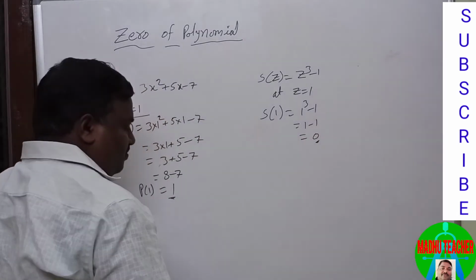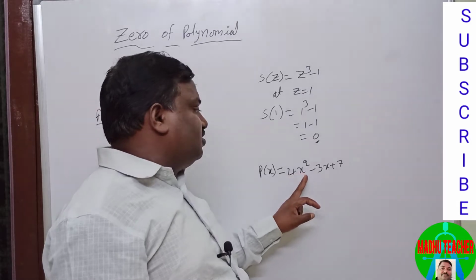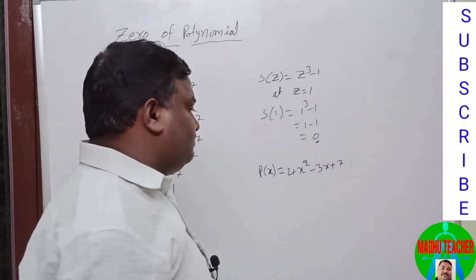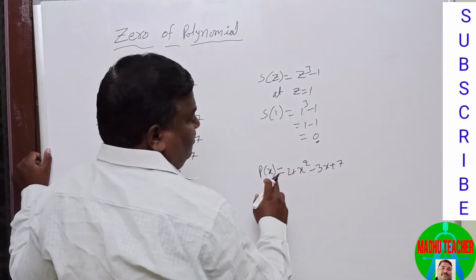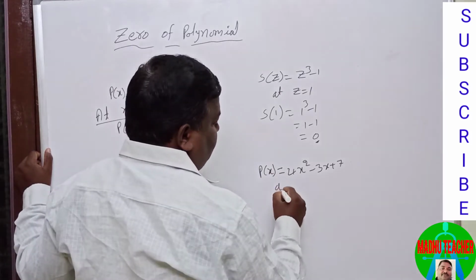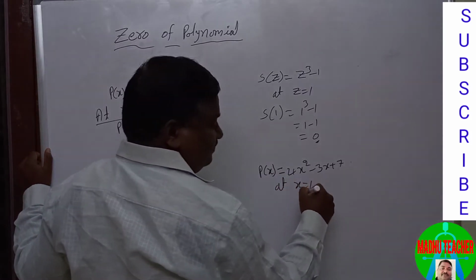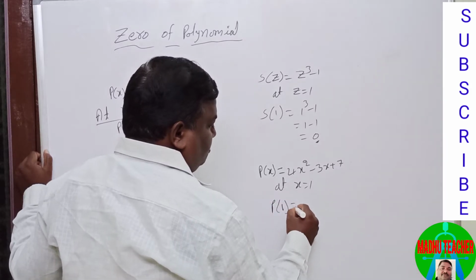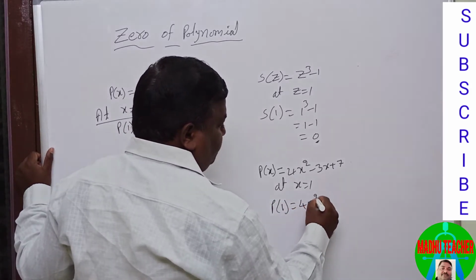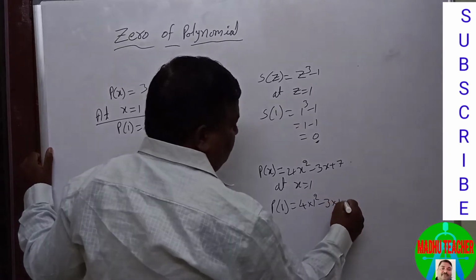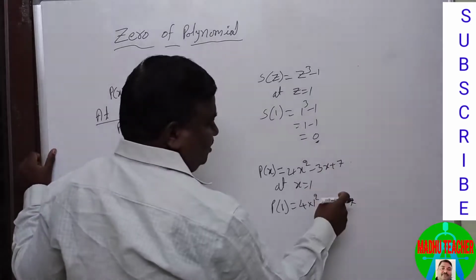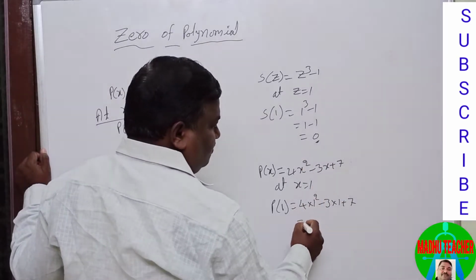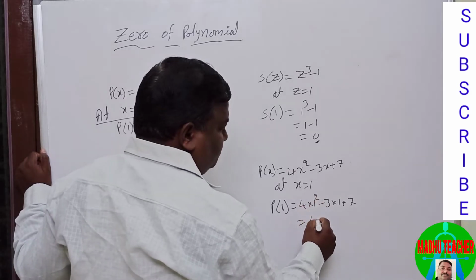And I have one more polynomial, p of x equal to 4x square minus 3x plus 7. So find the value of the polynomial at x equal to 1. So I am replacing x with 1. 4 into 1 square minus 3 into 1 plus 7. 1 square is 1. 1 into 4 is 4.